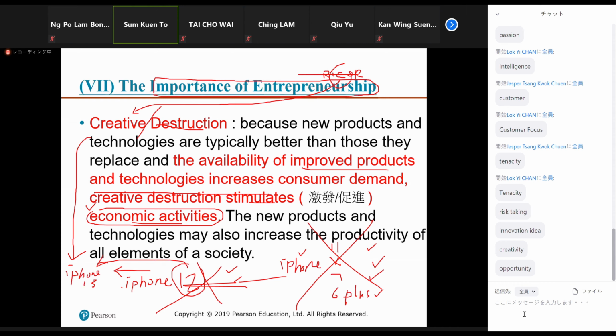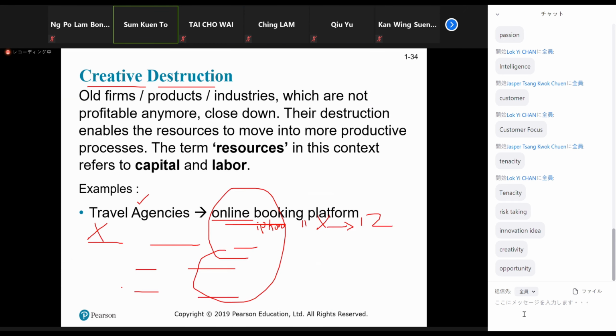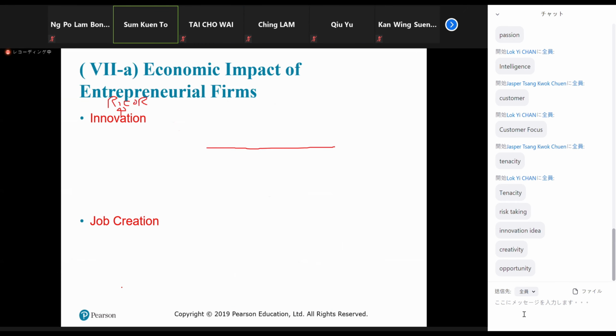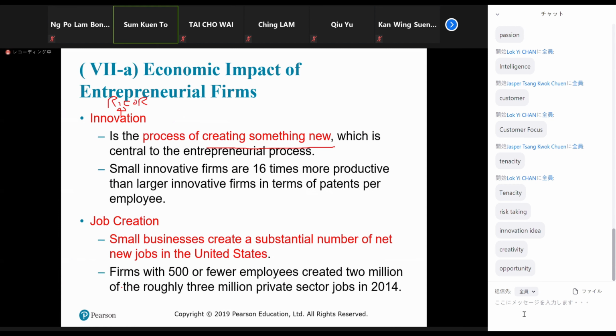All right, so you create a lot of employment opportunities for people to work or to trade something, and that's why it stimulates economic activities. By having innovative ideas, you create a lot of jobs, even in Hong Kong as well.